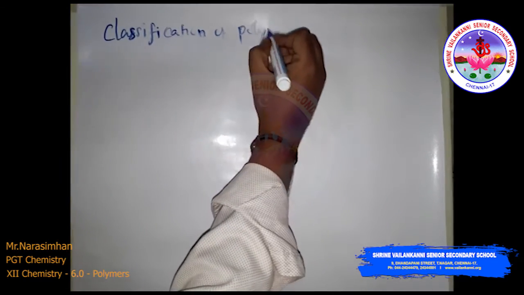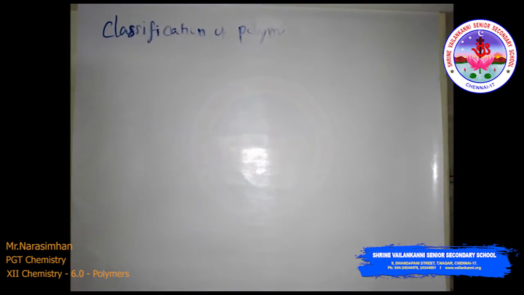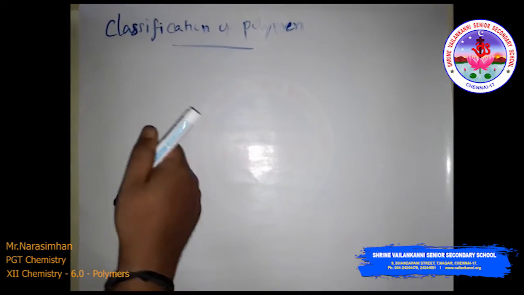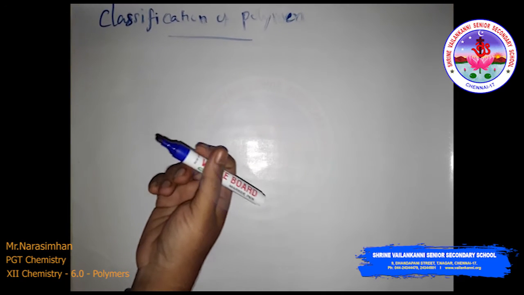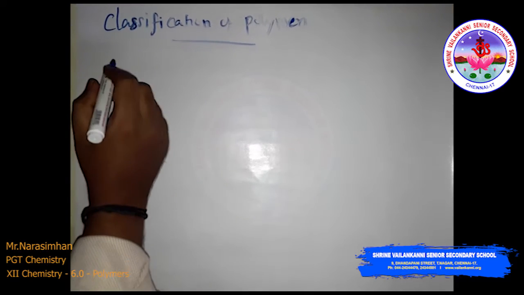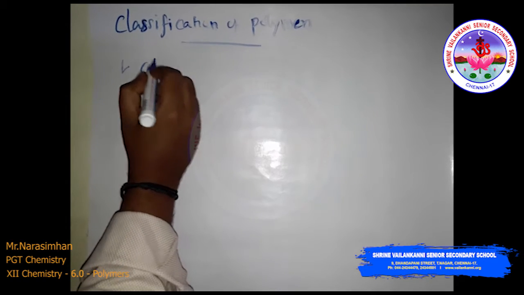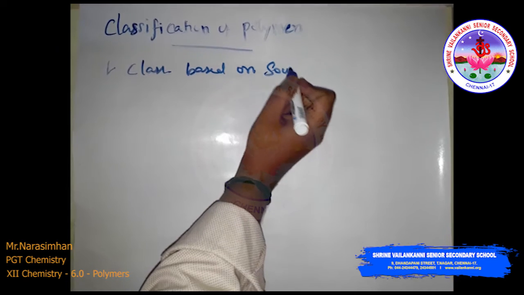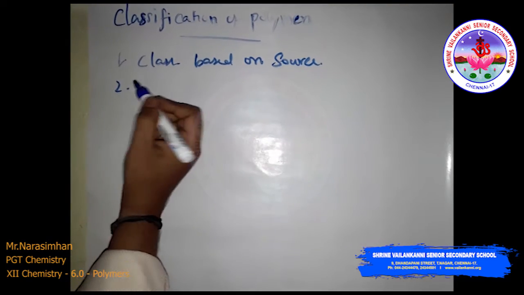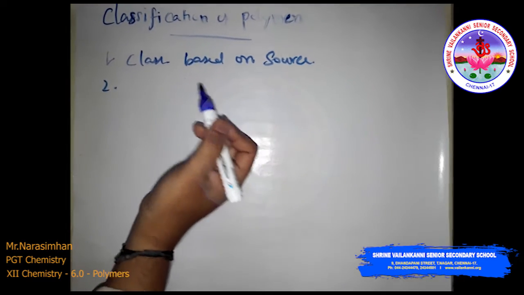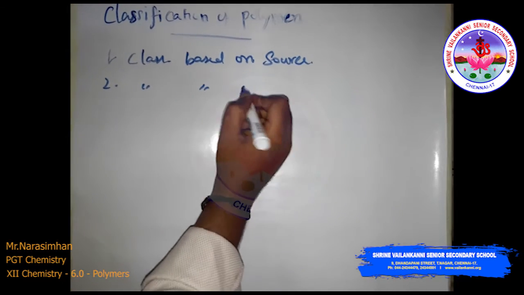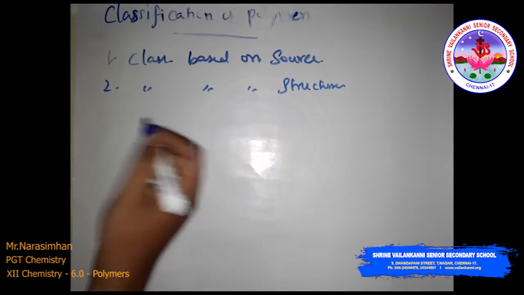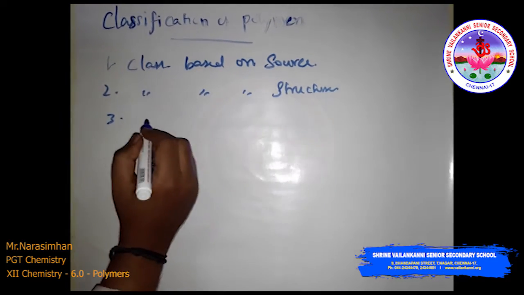Classification of polymers. The first classification is based on source. The second is classification based on structure. The third is classification based on mode of polymerization.